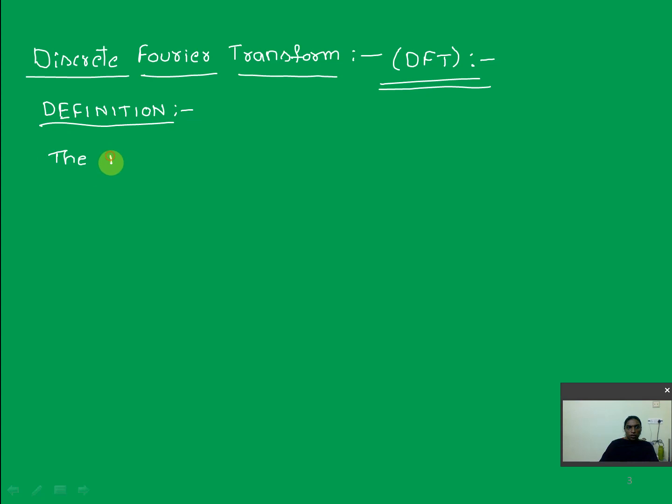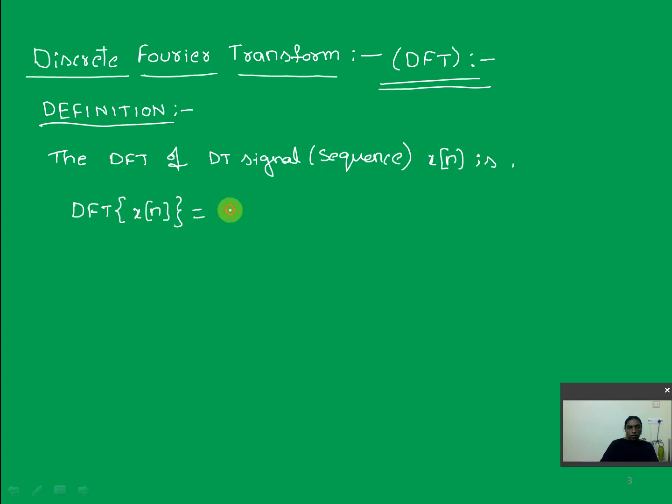The discrete Fourier transform of the discrete time signal, shortly called a sequence, like x of n, is given by: DFT of x of n is equal to X of k, summation n equals 0 to N minus 1 x of n e power minus j 2 pi by N kn.